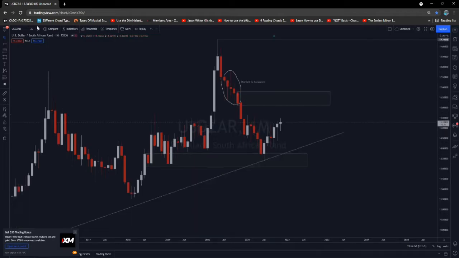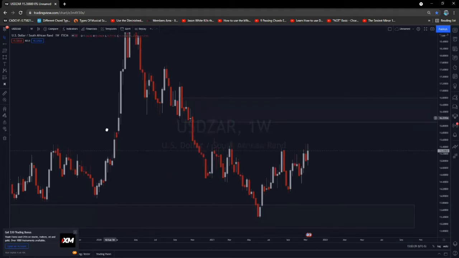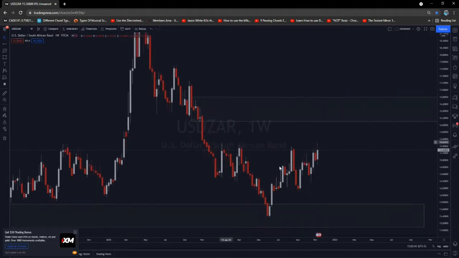Let's go to a lower time frame, which is the weekly. So we're on the weekly, right? And as we can see, the market is changing sentiment, right? We had these previous highs, of which the market is attempting to take out.